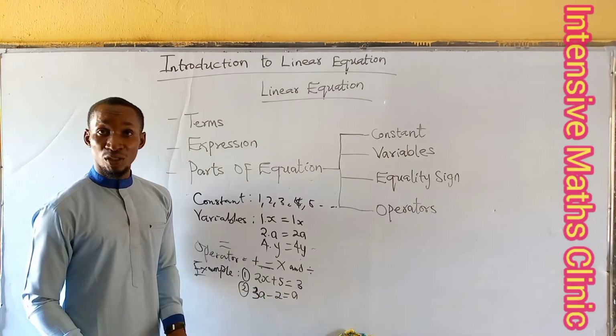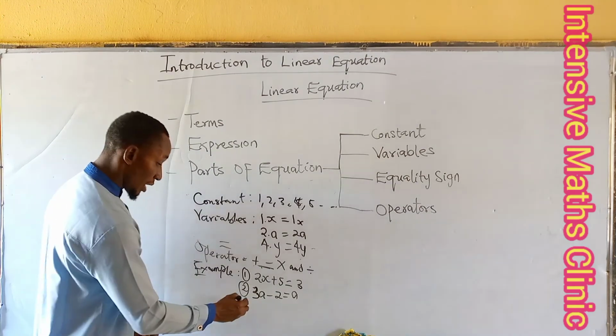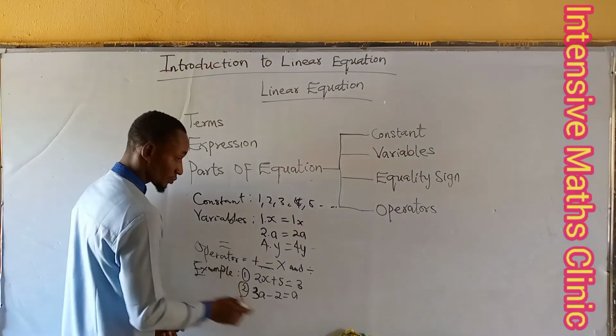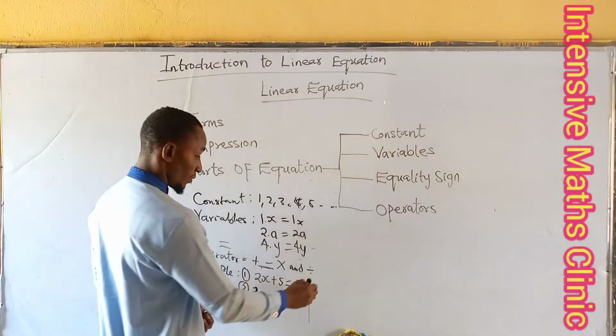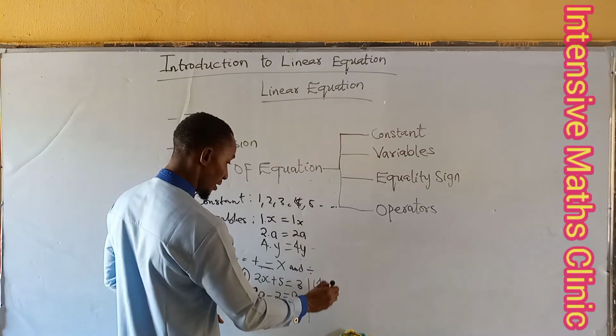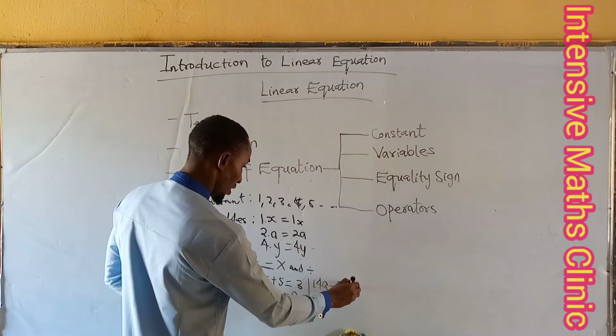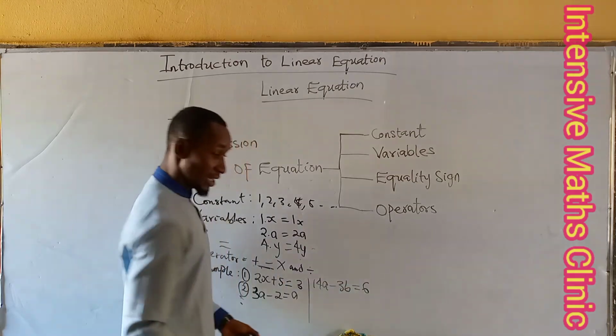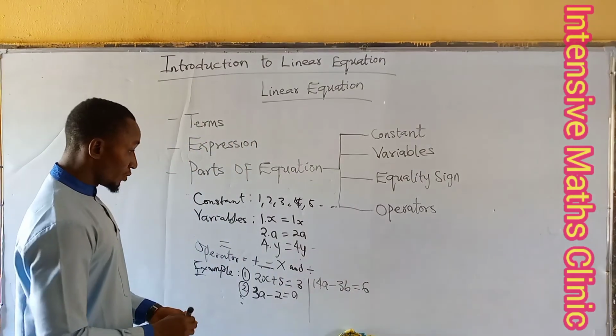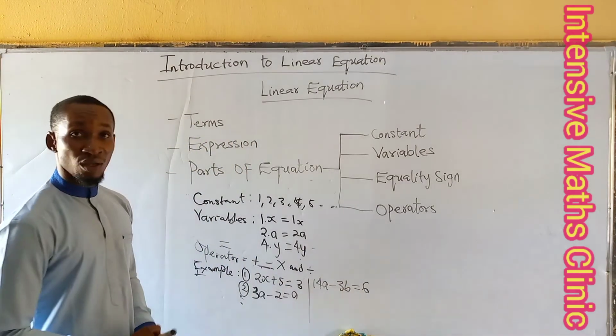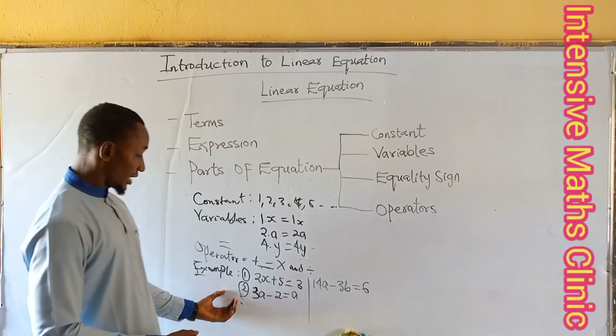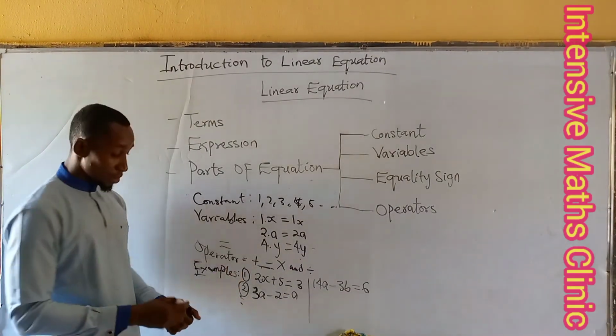This is also a linear equation. And other ones can be in this form: 14a minus 3b equals 6. It's a linear equation. So I think we've explained fully what a linear equation is and examples of linear equations.